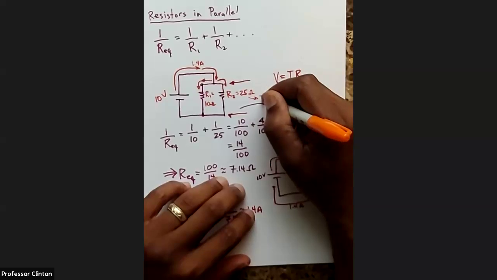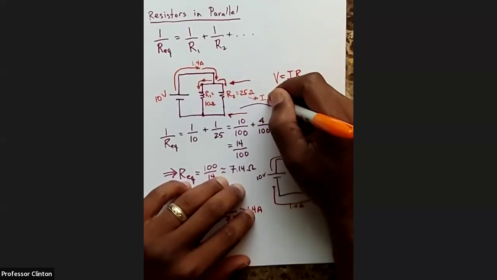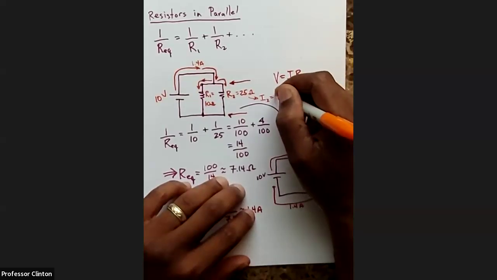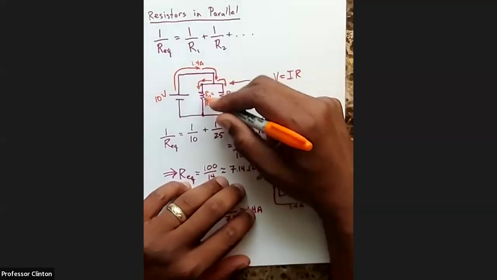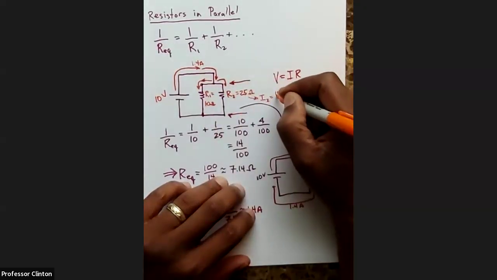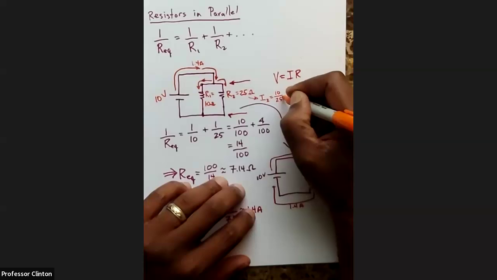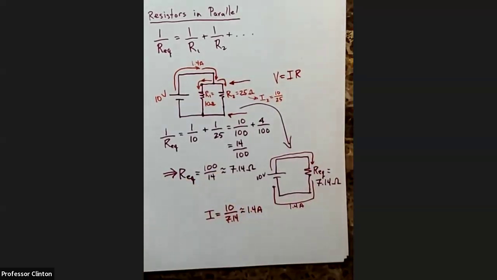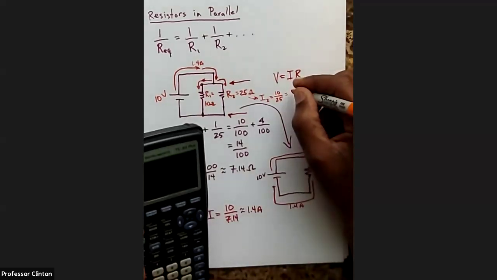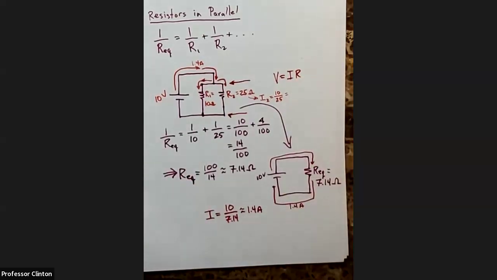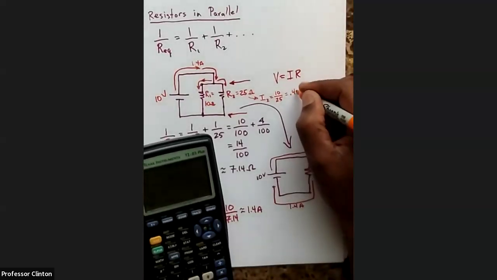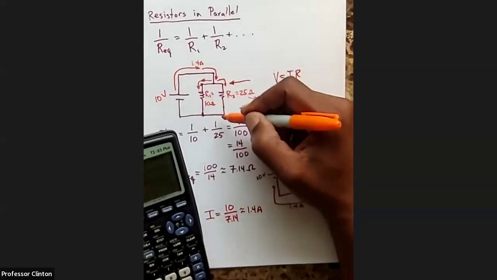So the current in this area here, let's say I2, would be equal to the voltage drop. Now the voltage drop across here is going to be the same as over here, so it'd be 10 divided by the resistance, which is 25. And so this would be about 0.4 amps flowing through this branch.